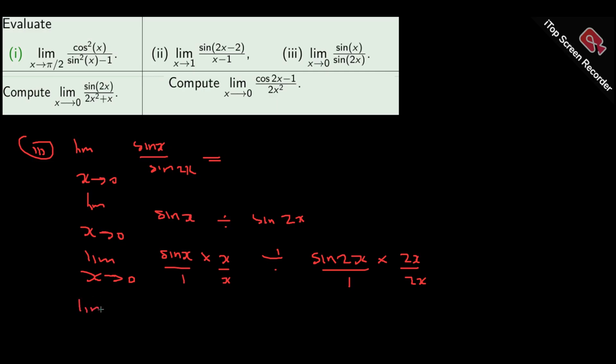So we'll definitely end up with sine x over x multiplied by x divided by sine 2x over 2x multiplied by 2x.